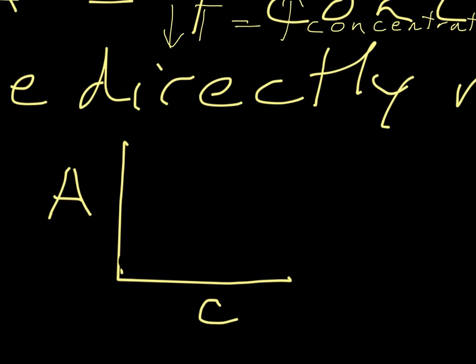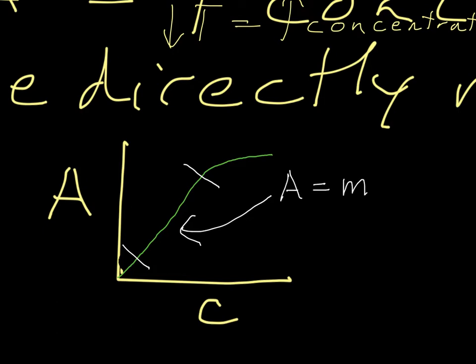We have absorbance on one axis, concentration on the other. You get a portion where it's perfectly linear, and then it kind of levels off. But you have, in that absorbance concentration graph, a large linear portion. The formula for that linear portion of your graph is absorbance equals the slope times concentration.